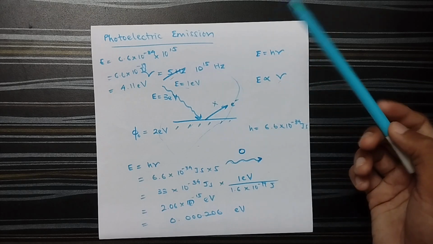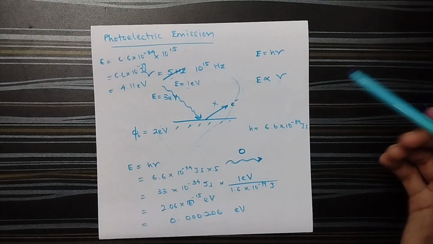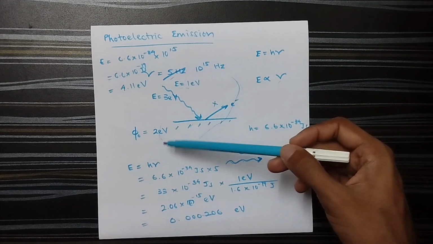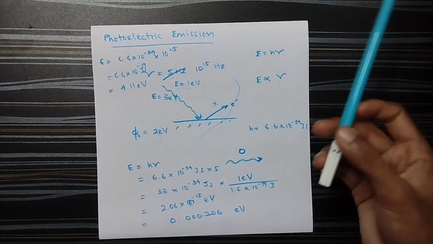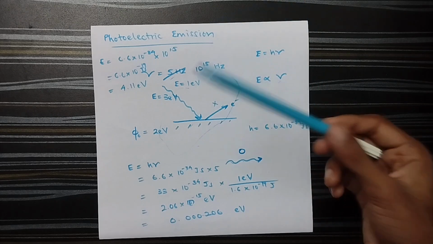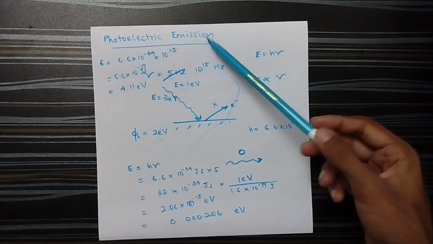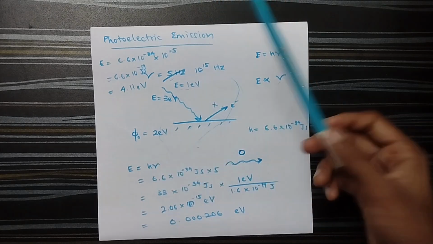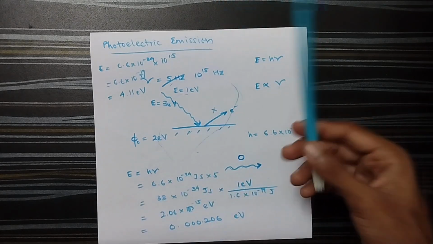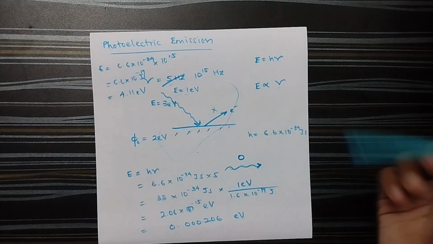There's a lot to learn about it, such as threshold energy. We know what threshold energy is. When we are discussing work function in terms of photoelectric effect, we term it as threshold energy. There's not much difference between work function and threshold energy. Work function and threshold energy literally mean the same thing, but work function in the case of photoelectric emission is threshold energy.